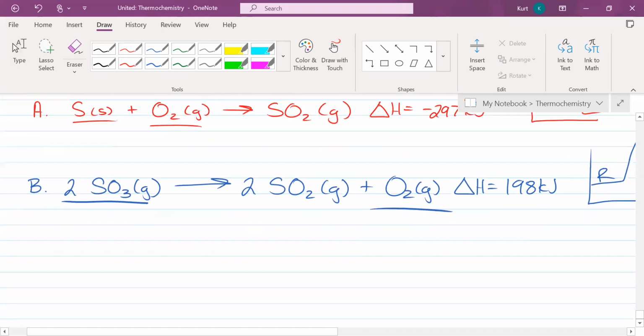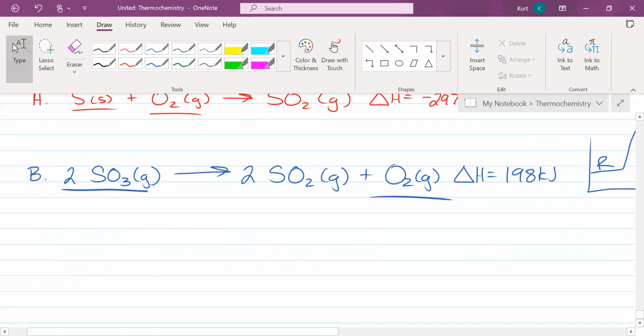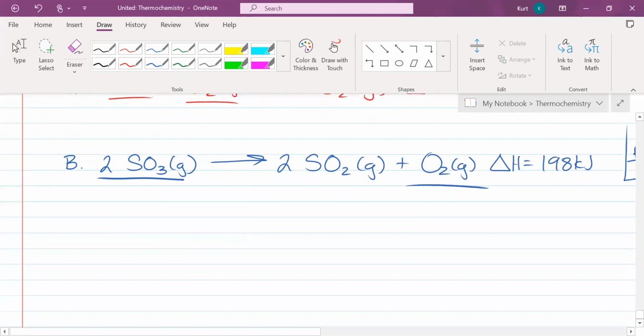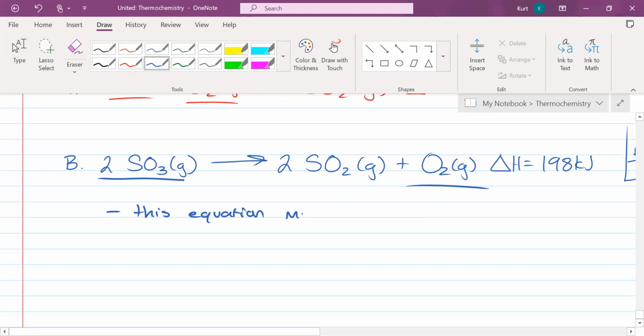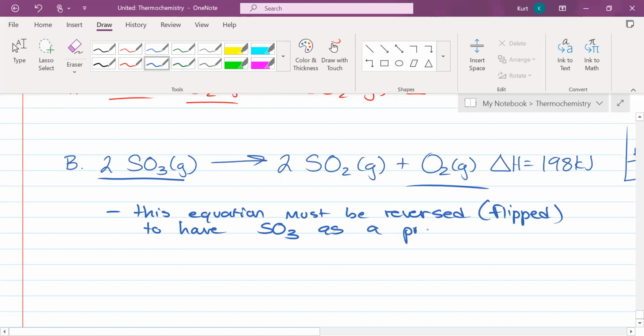What do we need to do with equation B in order to get it from the reactant side to the product side? Flip it. We have to flip it. So with equation B, this equation must be reversed. Or what Nick said is it needs to be flipped to have SO3 as a product.